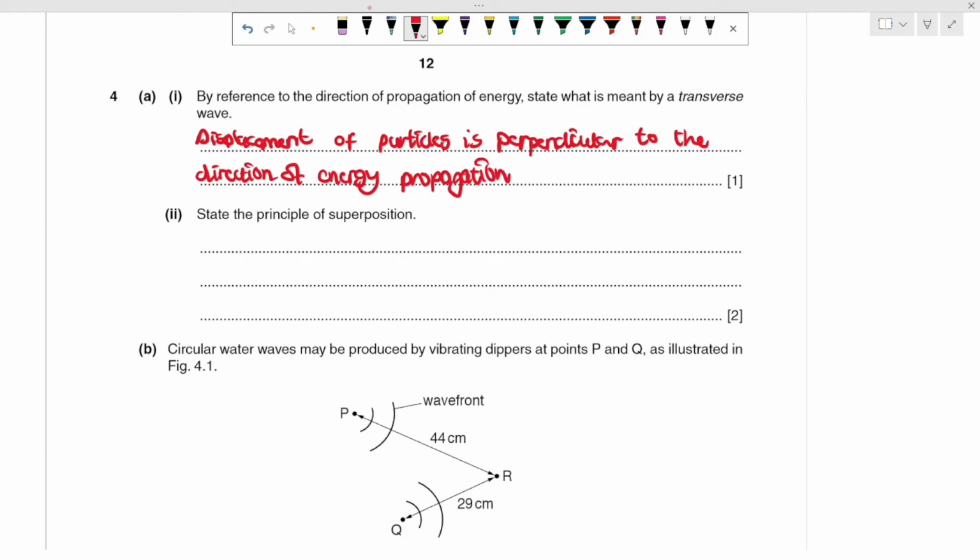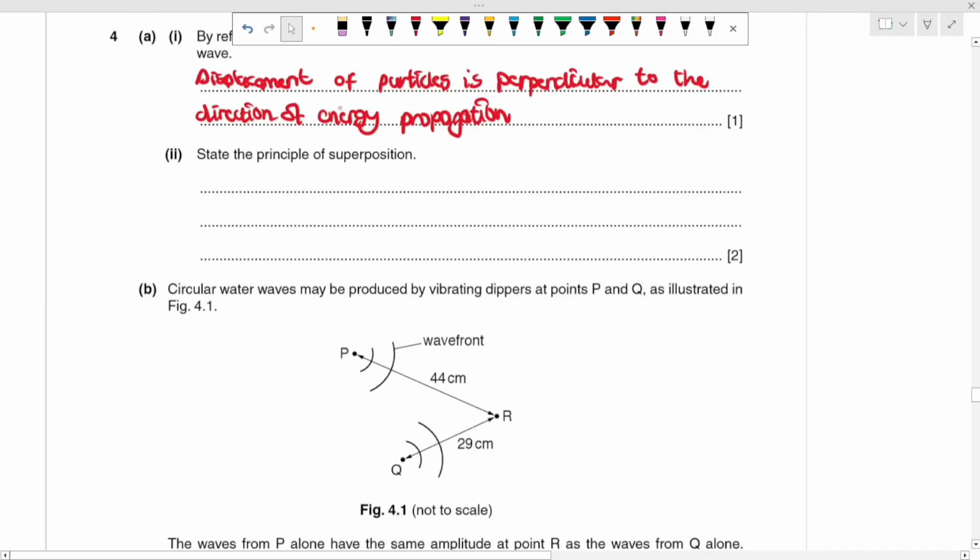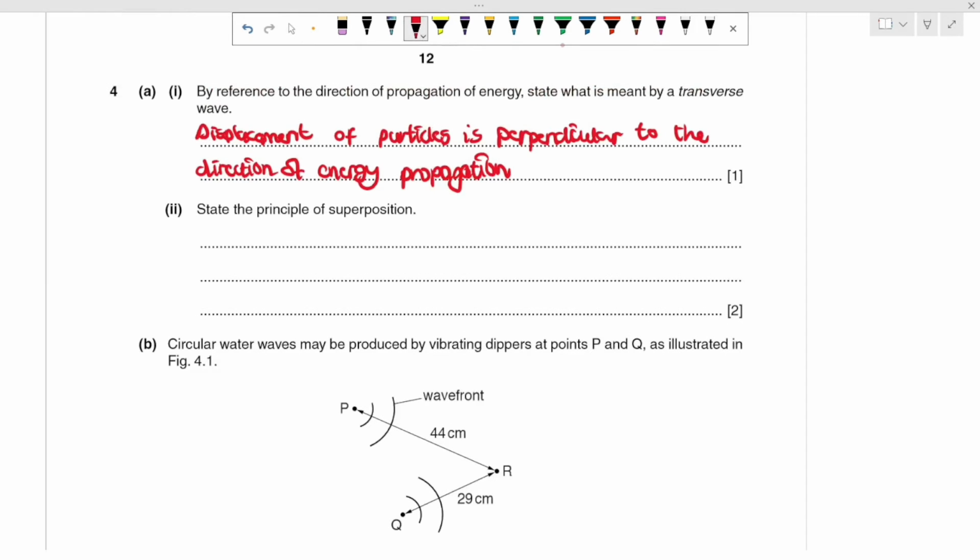Perpendicular just means it forms 90 degrees. So if a wave is moving in a specific direction, and if the displacement of the particles on that wave is perpendicular, forming 90 degrees with the direction of energy propagation, you have formed a stationary wave. Sorry, you have formed a transverse wave.